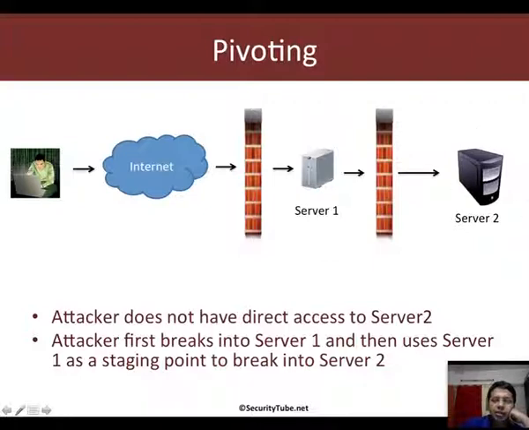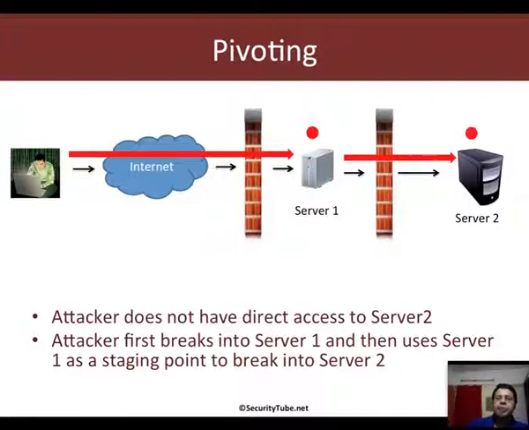Maybe this is the email server. The only way the attacker can break in is first to break into server 1 and then use that as a staging point to break into server 2. This process is called pivoting, and server 1 is the pivot into the rest of the network.